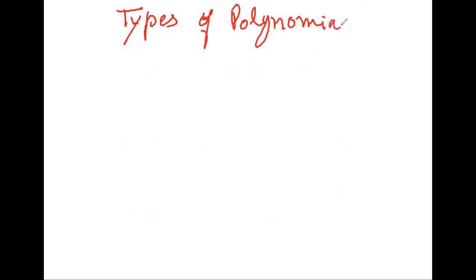Alright, write down with the sketch pen: types of polynomials. I hope you are writing. First type is monomial. Write with the black pen.